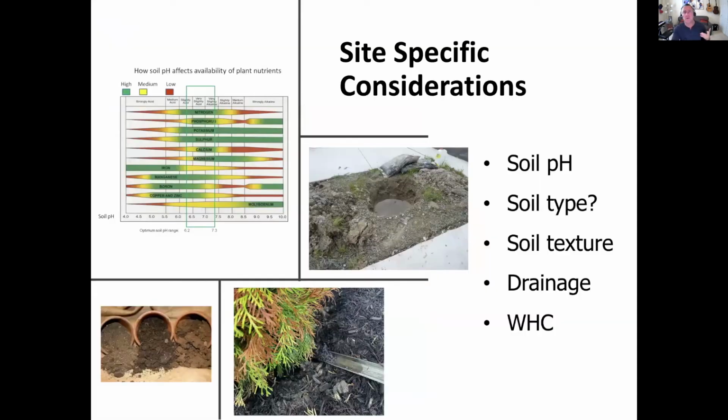But more importantly, we need to think about more site-specific considerations, for example, pH and how that will affect availability of plant nutrients. Soil type, maybe, but more importantly, soil texture, the amount of sand, silt, and clay, because that's going to have an impact on pH, water holding capacity, and nutrient availability.